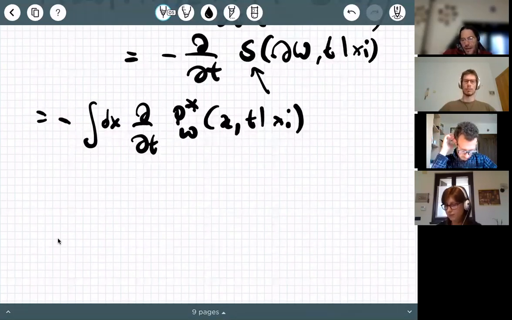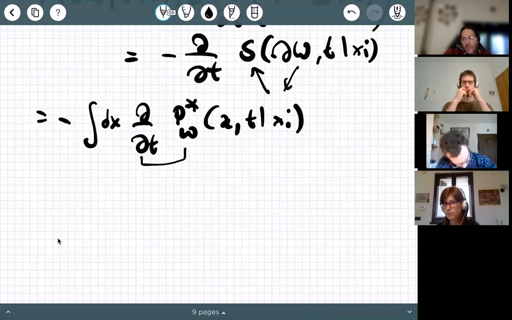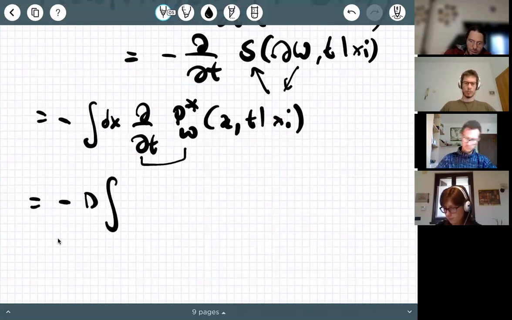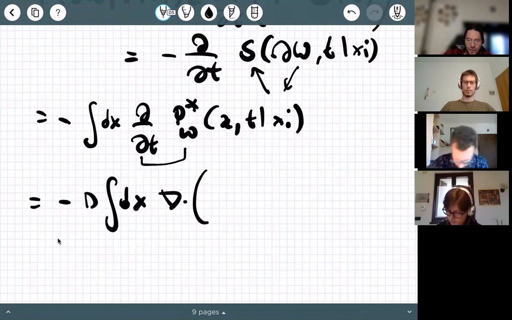Okay, I just applied the definition of S. Now I have a time derivative, and all I want to do is to remember that I use the Fokker-Planck equation, because I know that P obeys the Fokker-Planck equation, so I can write negative integral dx of the divergence of the Fokker-Planck current.